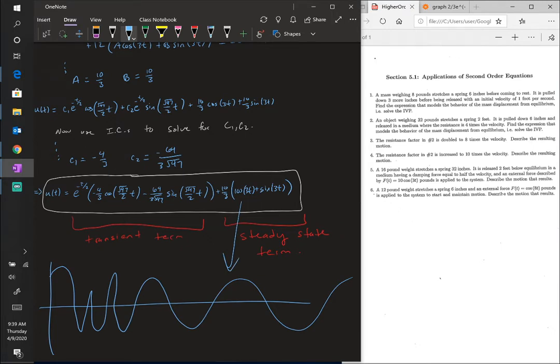So at the steady state in the long term, it just approaches this 10/3 cosine 3t plus sine 3t shifted sine wave. So that is eventually the overall solution.